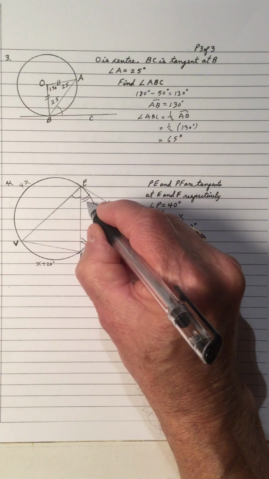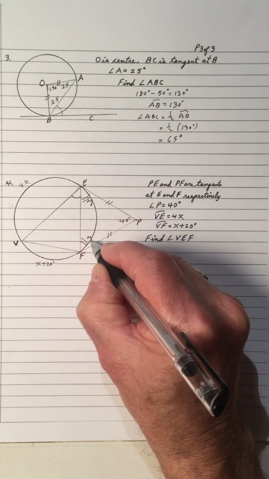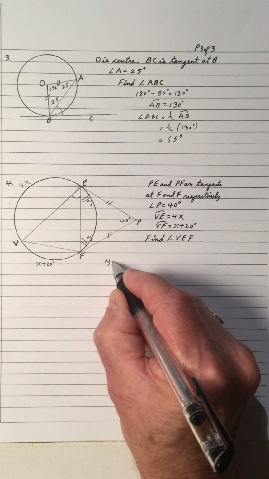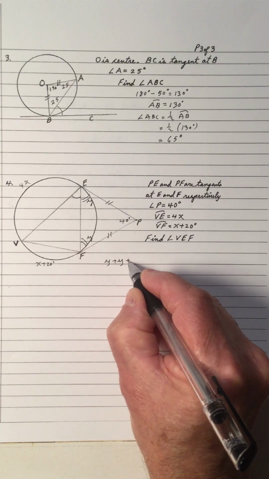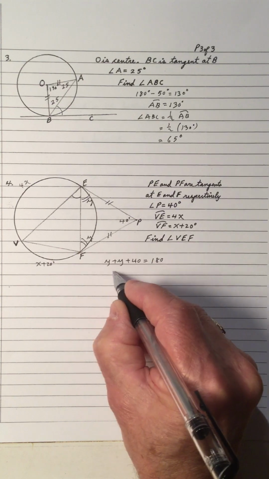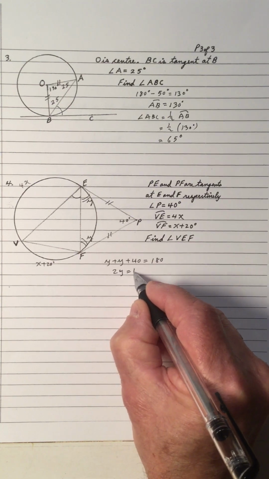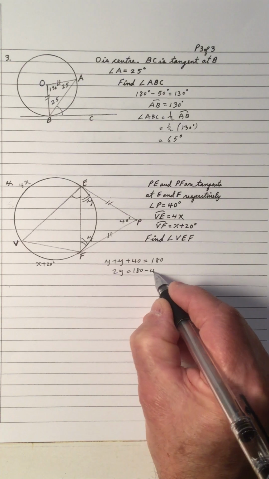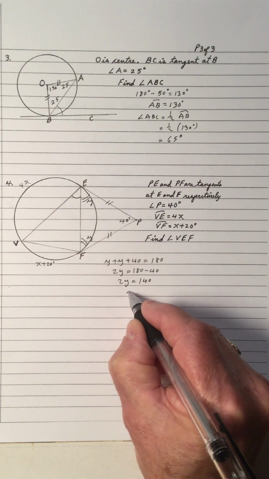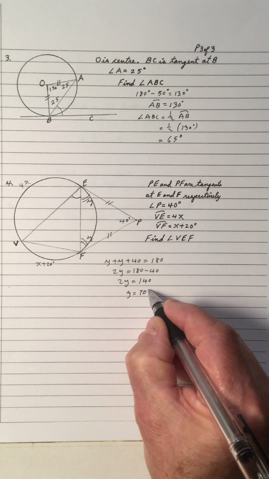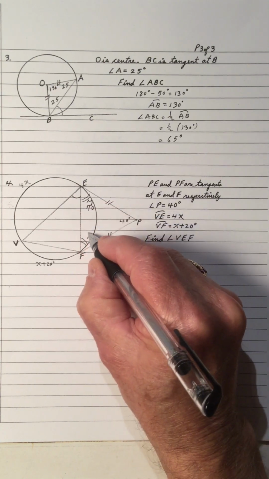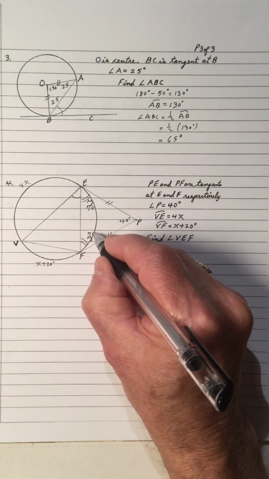If I name this angle y, and this angle y, then y plus y plus 40 is 180 in the triangle. So 2y is equal to 180 minus 40. 2y is 140, so y is 70 degrees. So we have a 70 here and a 70 here.